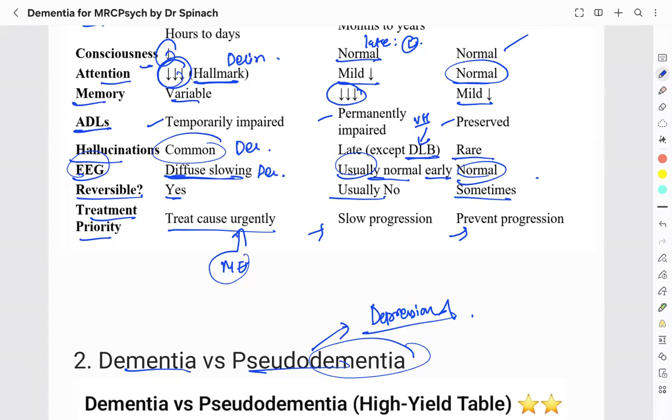I'm just trying to think, maybe the low mood in pseudodementia: the patient usually answers, I don't know, and wouldn't be quite concerned about the cognitive decline.